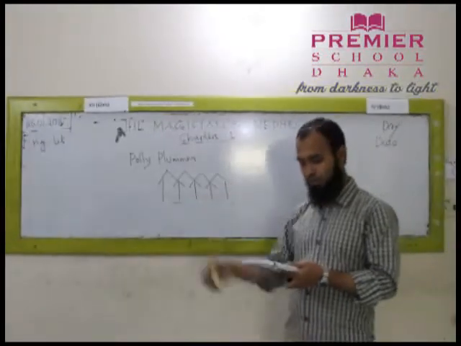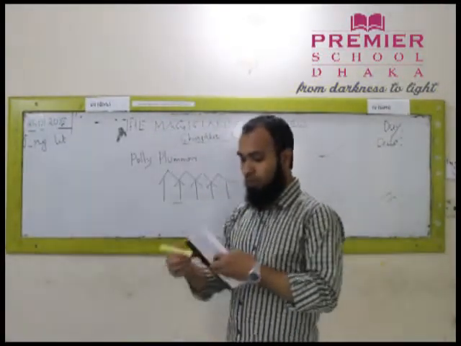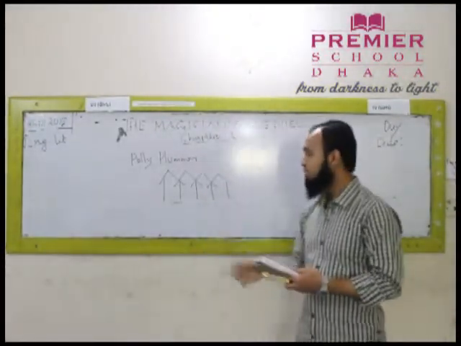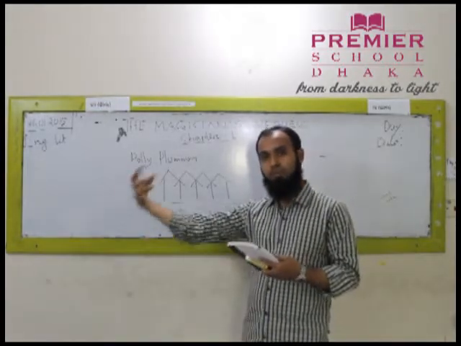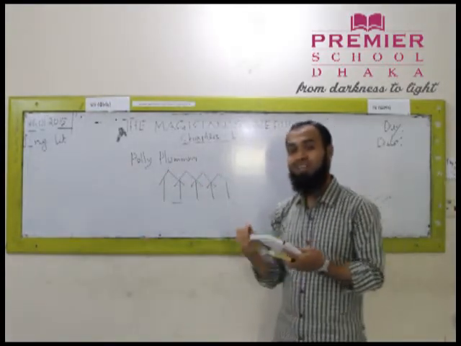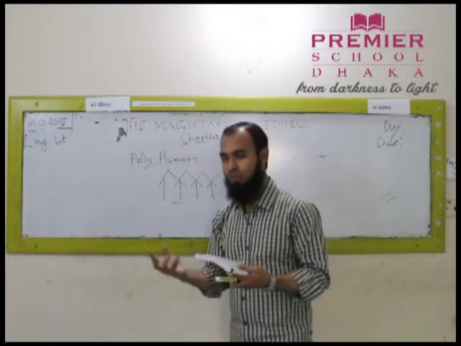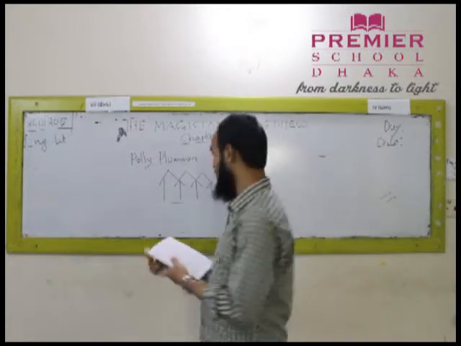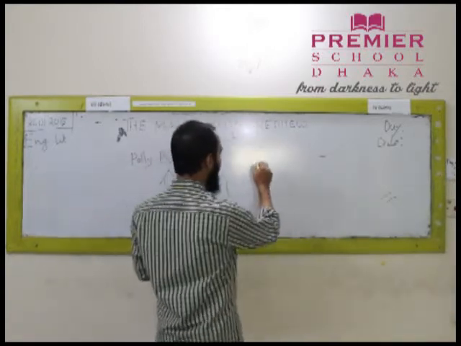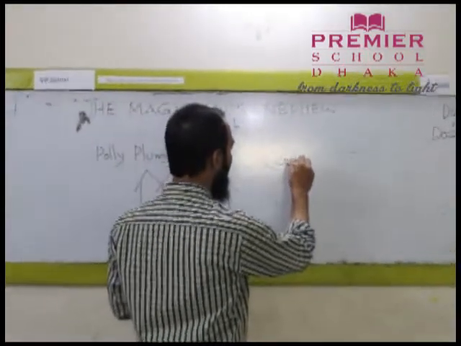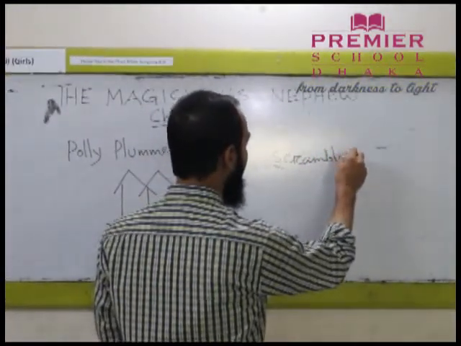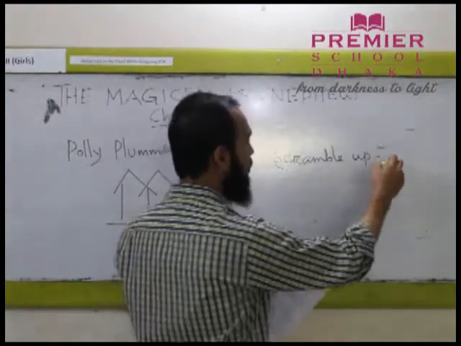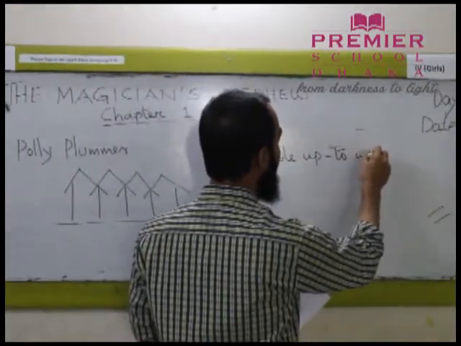So in England, you will see that some houses are joined together, and our character, Polly Plummer, lived in one of those houses. And one morning she was in the garden, and suddenly she found a boy coming out of the garden next door. The boy scrambled up. What is the meaning of scrambled up? Well, scramble up is to walk with difficulty.